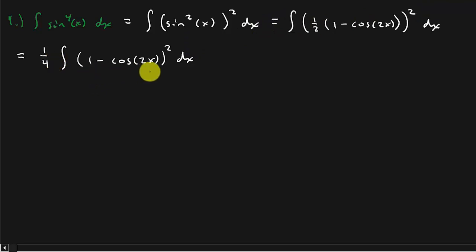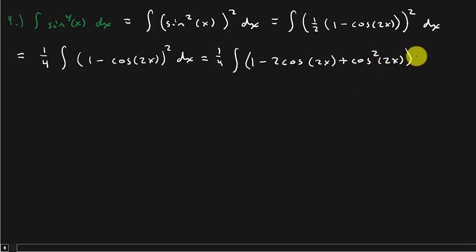And now I want to multiply this out. That's going to be 1 minus 2 cosine 2x plus cosine squared 2x dx.